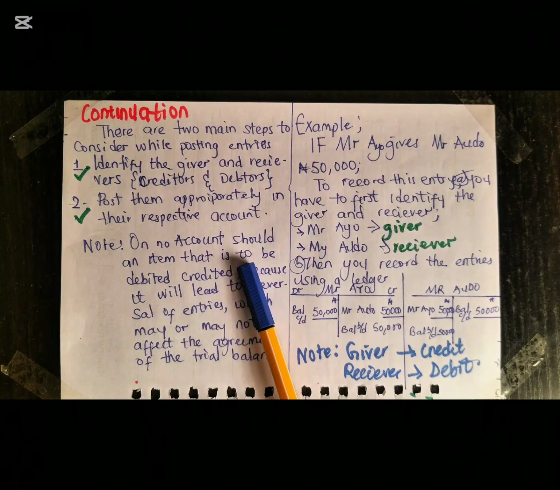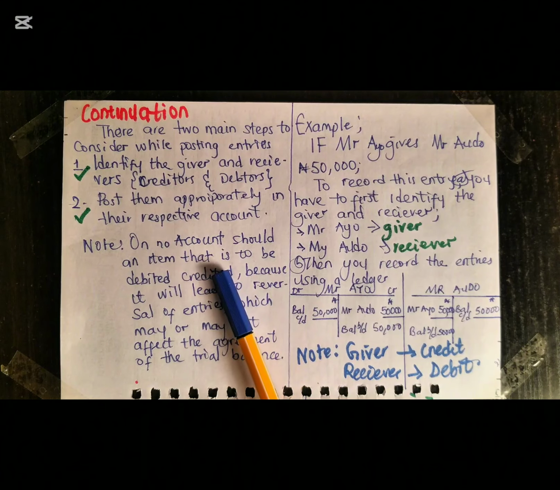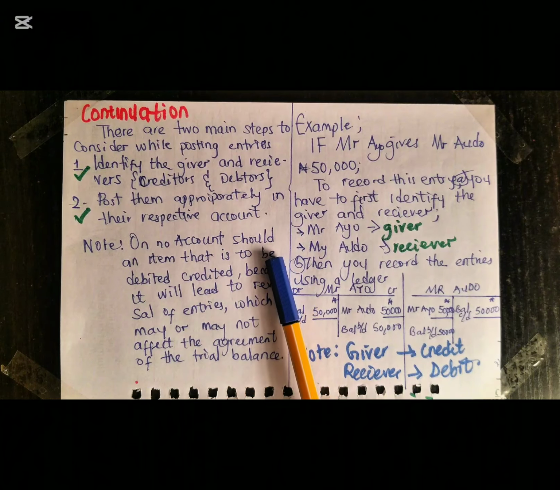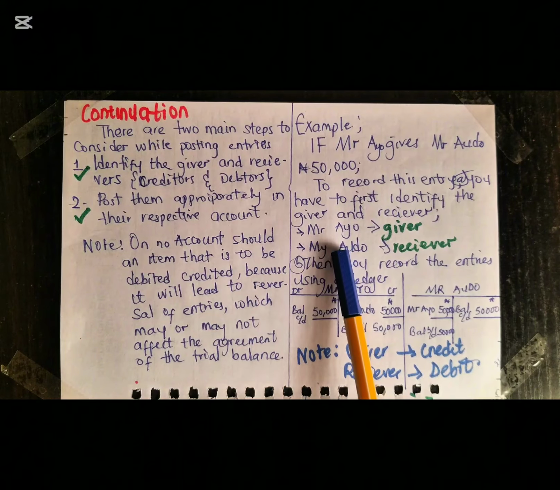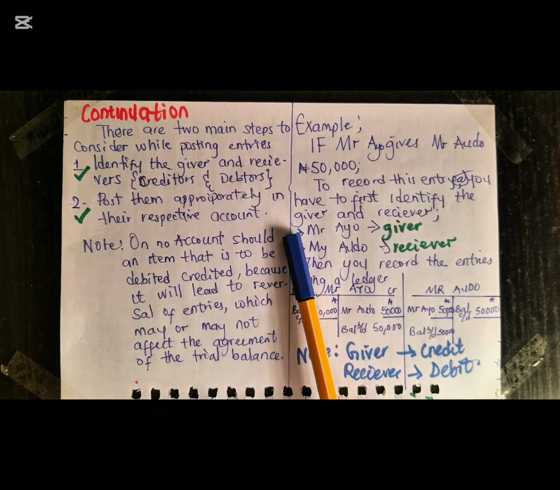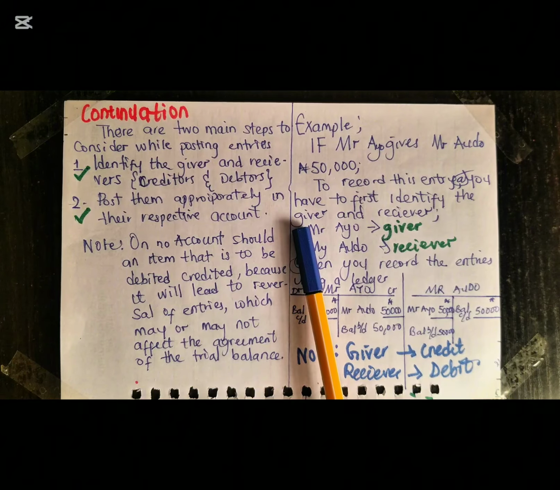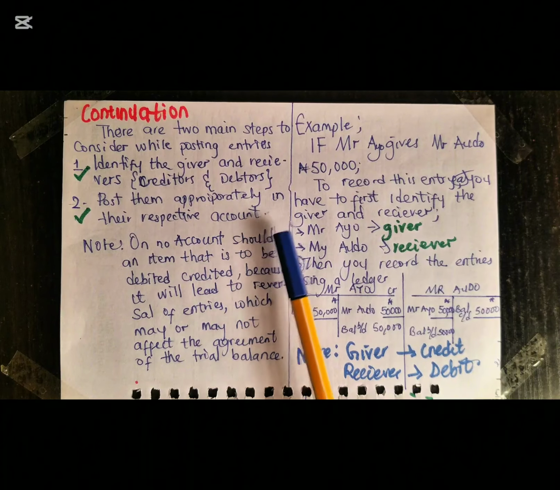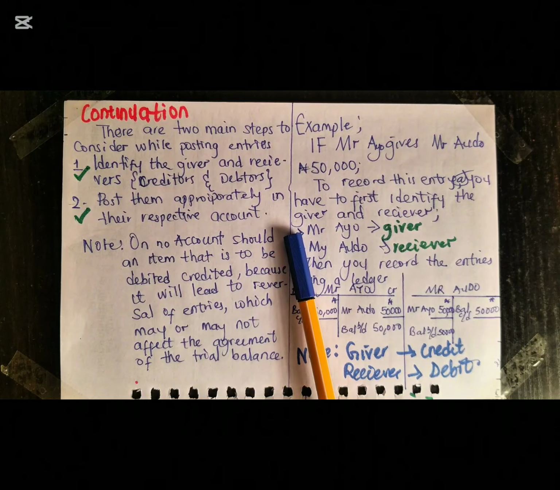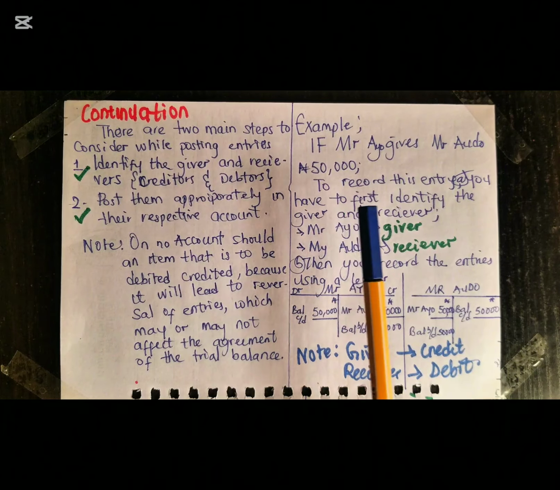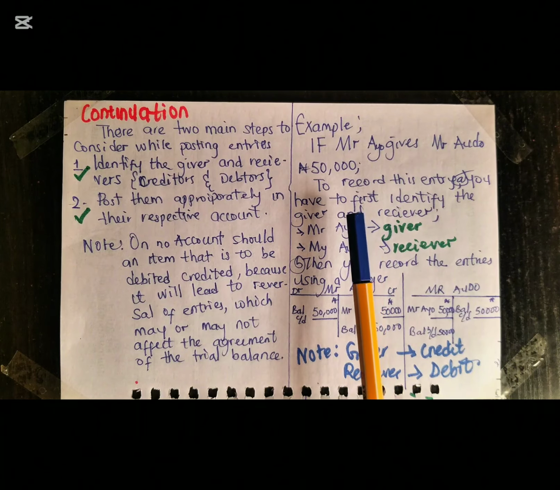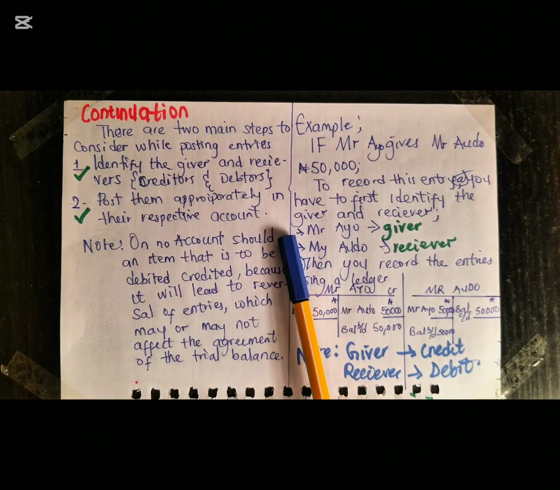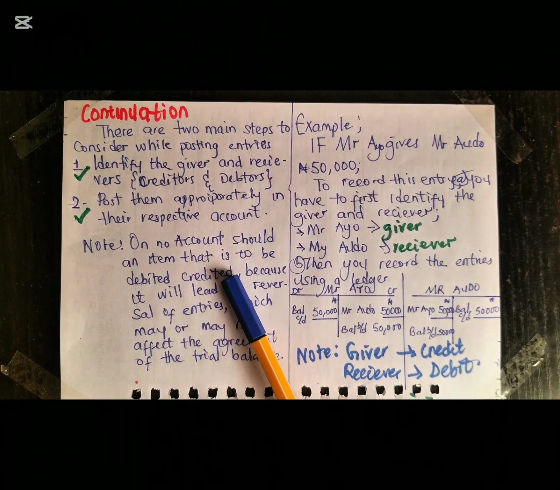So if the item that's supposed to be debited, you credit, and the item that's supposed to be credited, you debit, it will not affect the trial balance. But if the item that's supposed to be debited, you credit, and the item that's supposed to be credited, you still credit, it will affect it. I'm going to explain this deeply in the trial balance class.